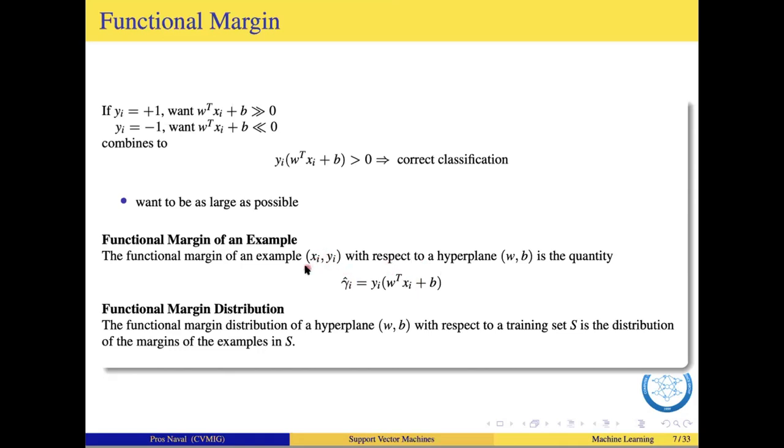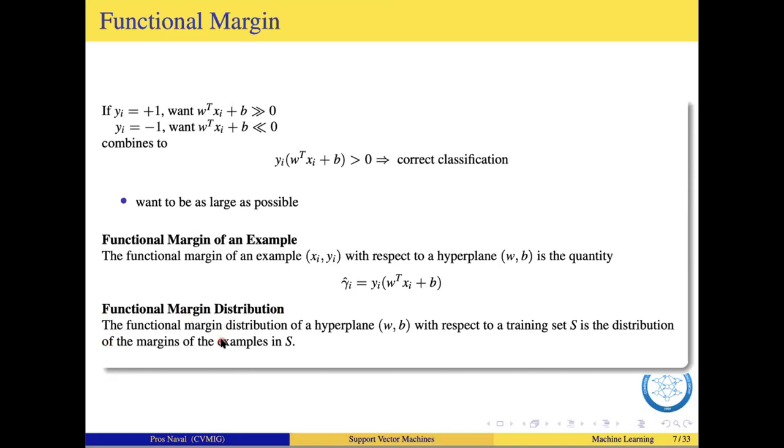Now we are not just interested in one example. We want to have the functional margin for the entire training set. So now we define the functional margin distribution.